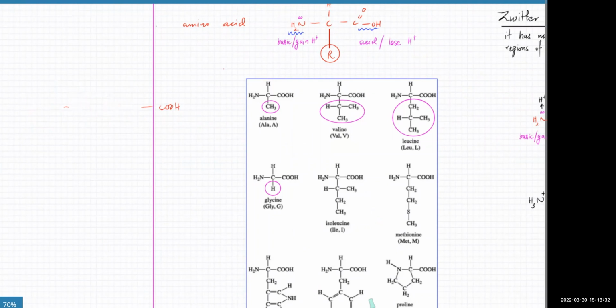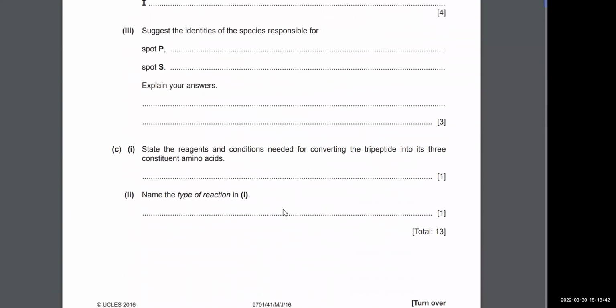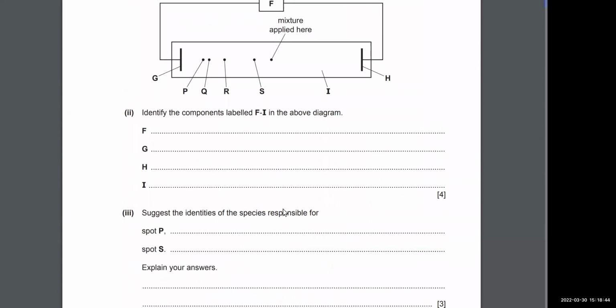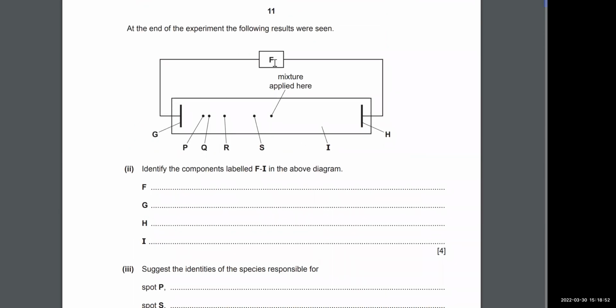Let's look at one more question. If you go back to the question, it asks to suggest the identities of P, N and S. I think you'll be able to do that. Identify the components. F is the battery and G is the negative or positive. What would it be?